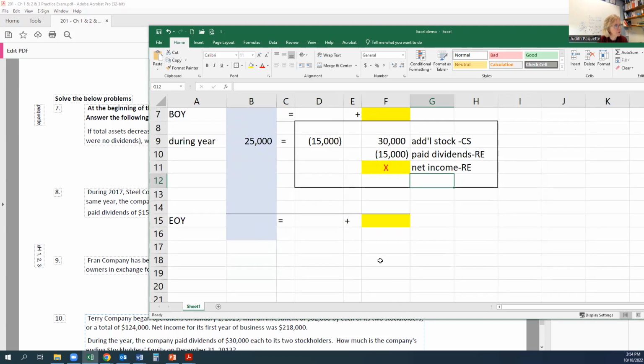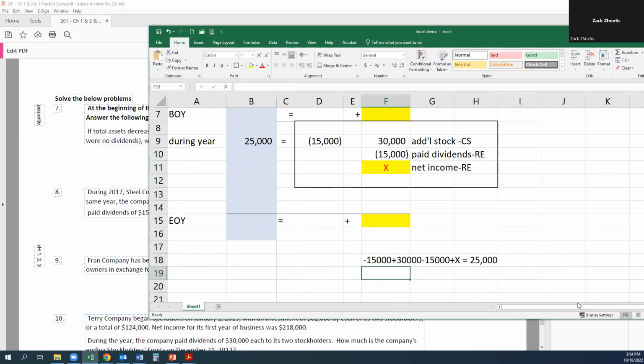So I just made a little formula and I said minus 15,000 plus 30,000 minus 15,000 plus X has to equal 25,000. Okay. All right. Yeah, got it.